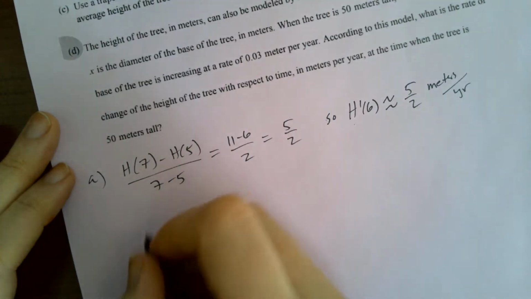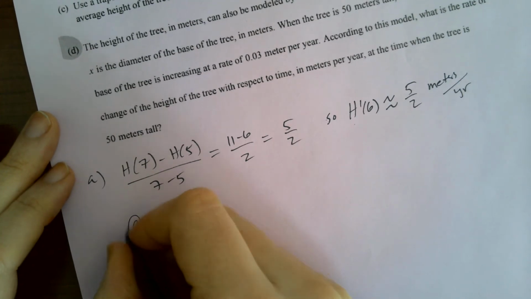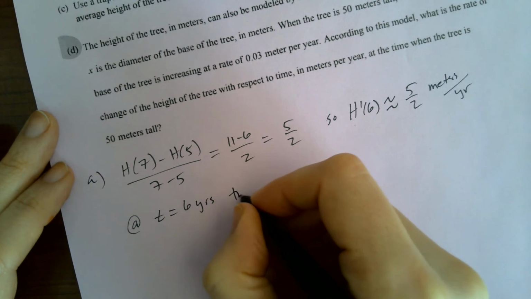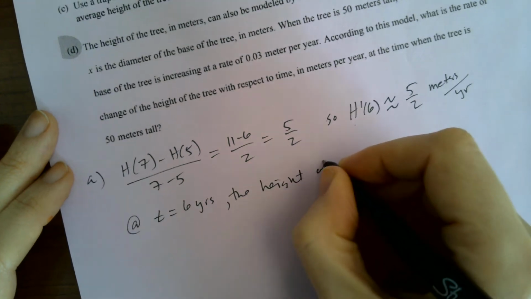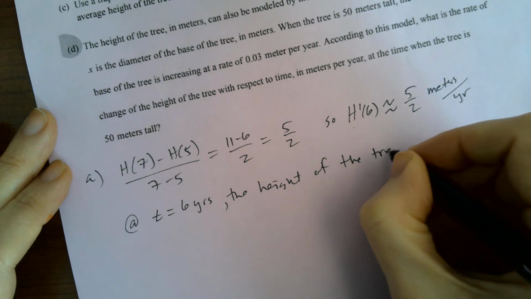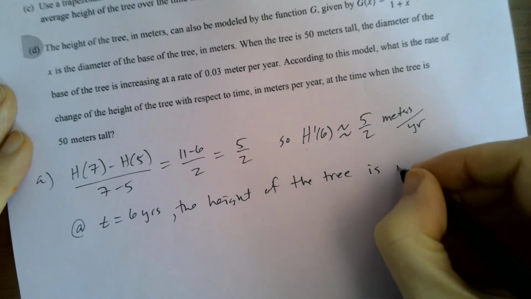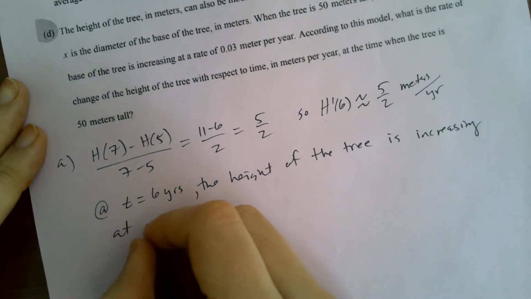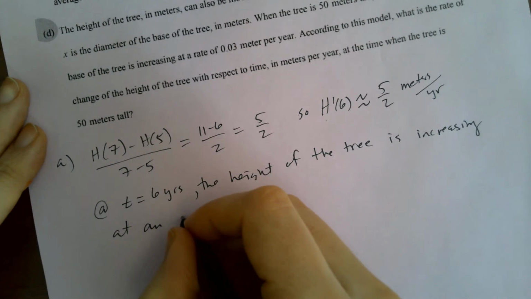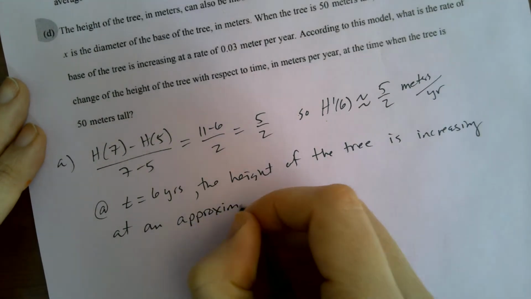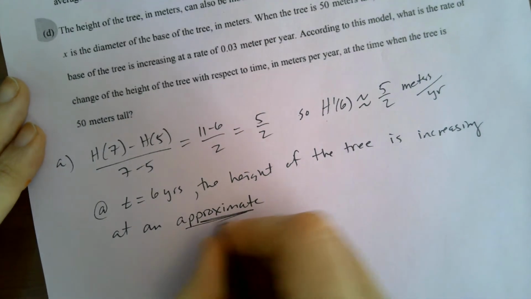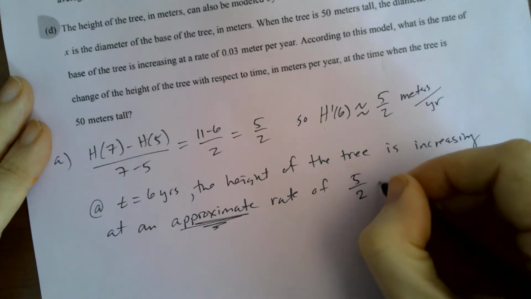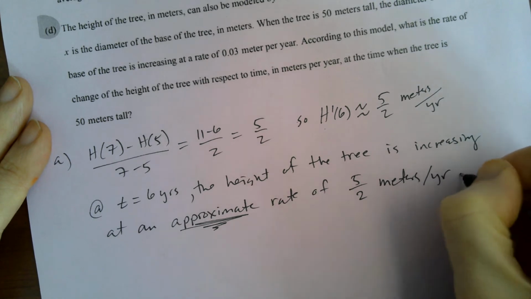What we practiced in class was like this. At t equals 6 years, the height of the tree is increasing because it's positive, and now this we did not practice, but this is actually very necessary, at an approximate, very important there, rate of 5 over 2 meters per year.